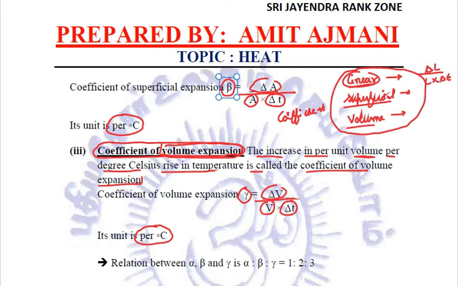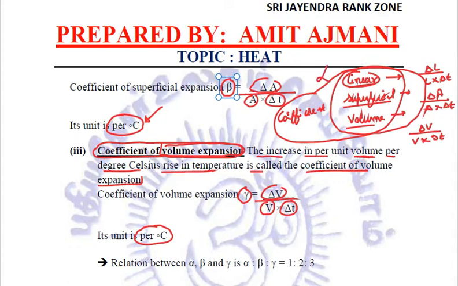In case of superficial, it is the change in area divided by original area multiplied by change in temperature, and the volume expansion is change in volume divided by original volume multiplied by change in temperature. And all these three coefficients have the same unit, that is per degree Celsius. The coefficient of linear expansion is represented as alpha, superficial is represented as beta, and volume expansion is represented by gamma.